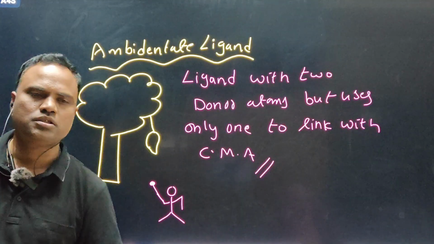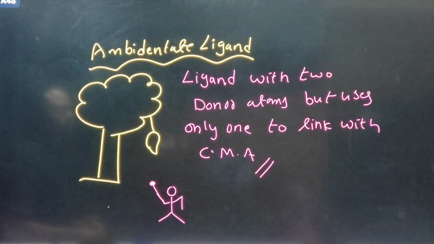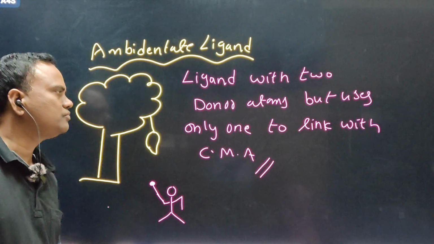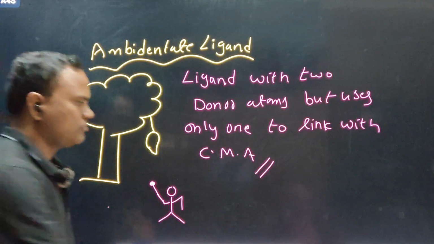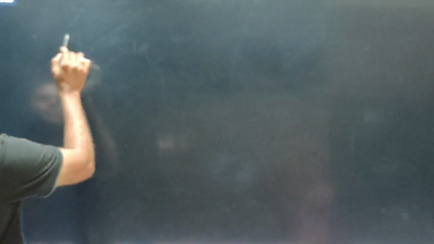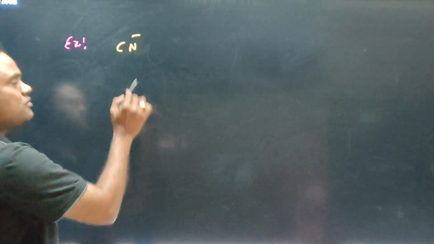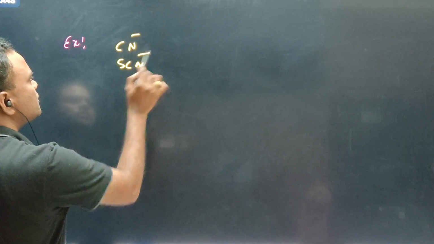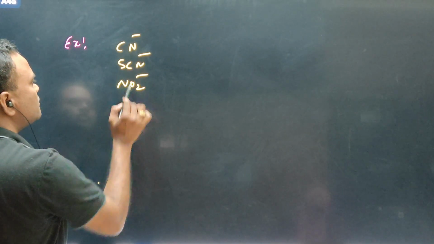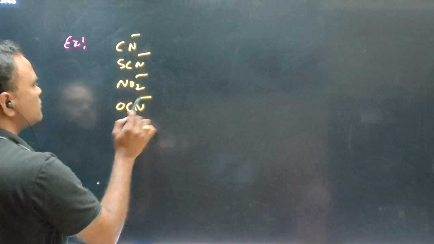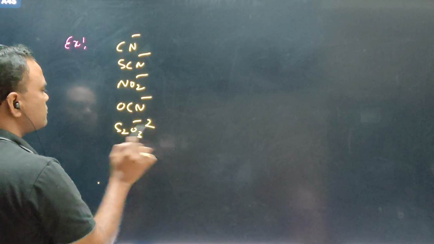Let us see this, the examples list. First write all the ligands in one place, then we will see how they act as ambidentate ligands. CN minus, SCN minus, NO2 minus, OCN minus, S2O3 2 minus.